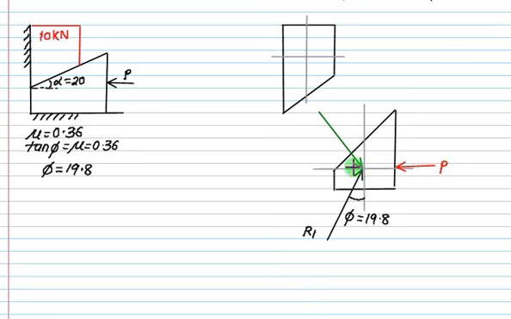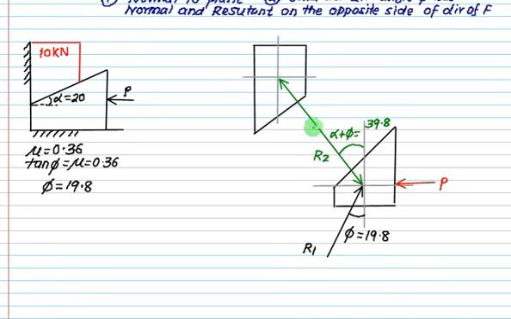Alpha is 20, phi is 19.8, so this is 39.8. Let's call this R2. So this R2 will also act over the block. So this angle is 39.8, so this angle is also 39.8.